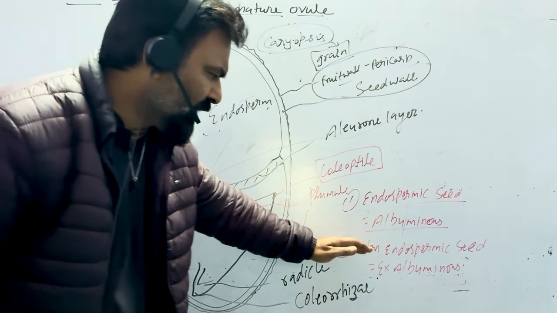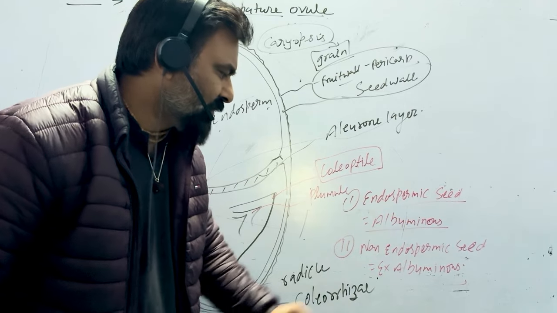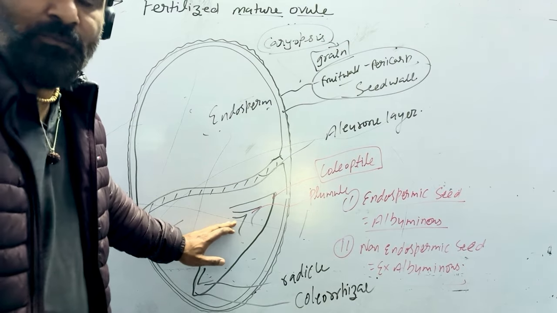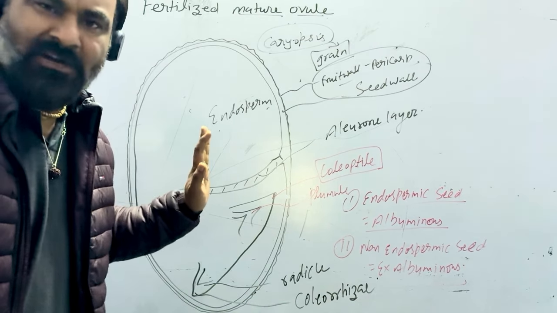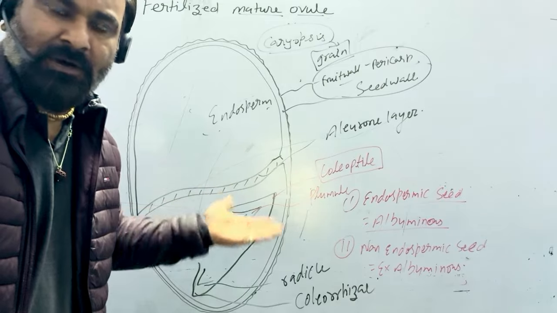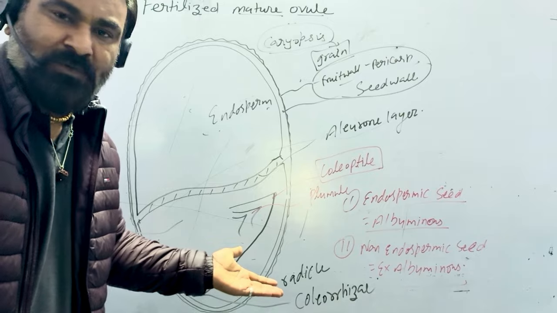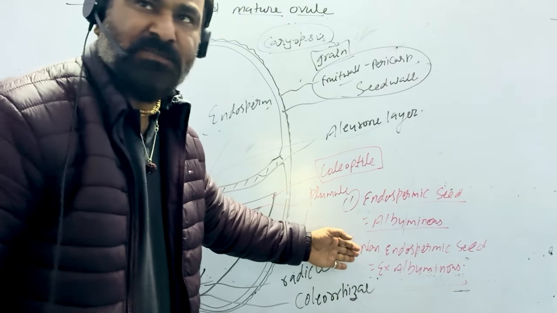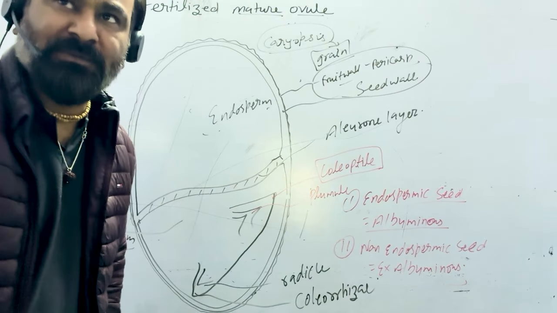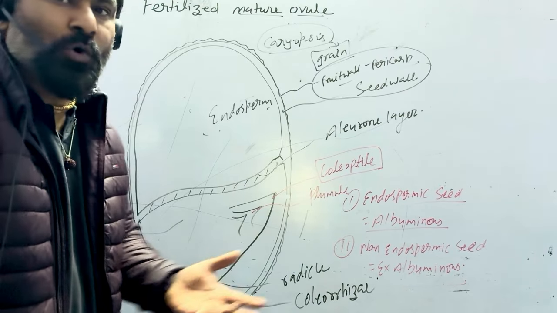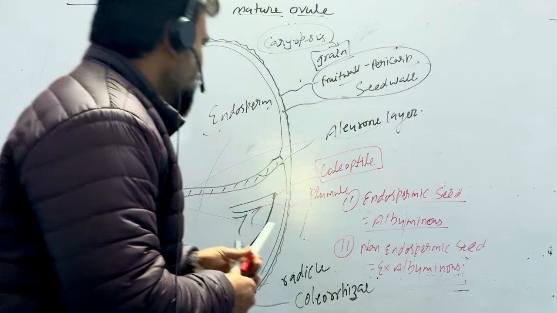And in non-endospermic or exalbuminous seeds, during development of the embryo, the whole endosperm is consumed and nothing is left in the mature seed. Such seeds are known as non-endospermic, and for germination they store their food in the cotyledons.